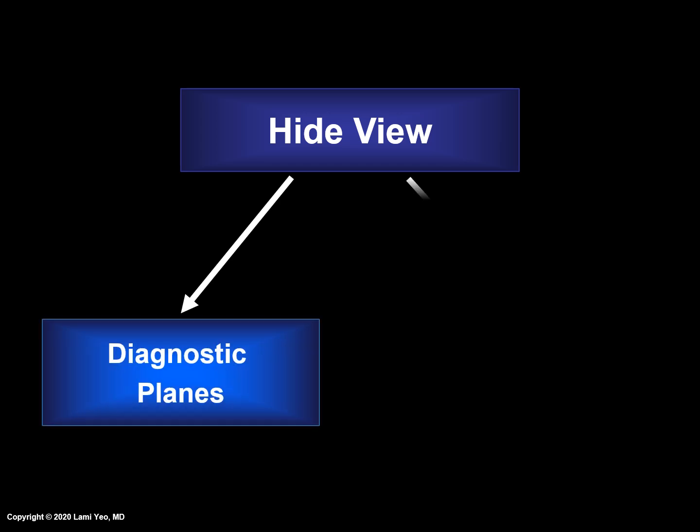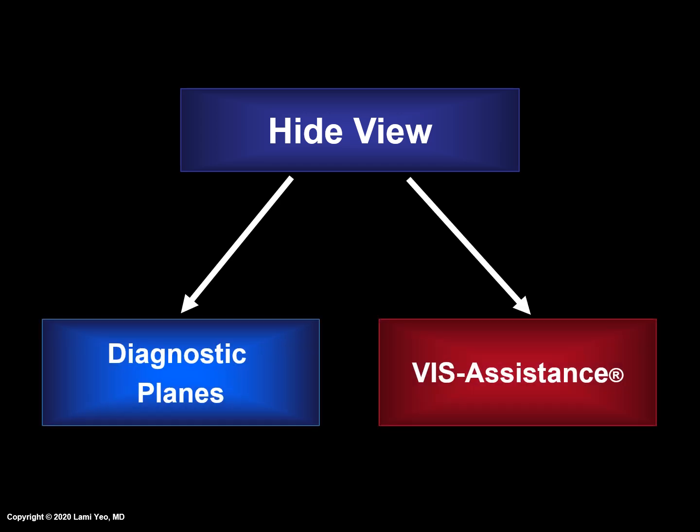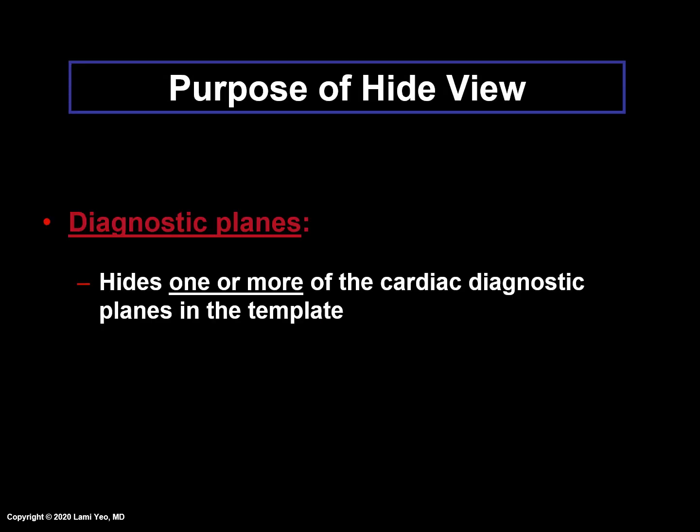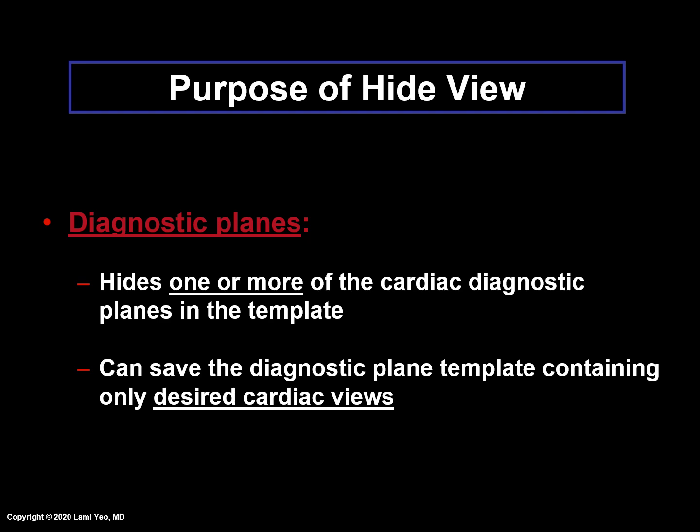Hide View can be applied to either the diagnostic planes or Visa Assistance. For the diagnostic planes, Hide View hides one or more of the cardiac diagnostic planes in the template. The advantage of this is that the user can save the diagnostic plane template for the medical chart containing only the desired cardiac views.